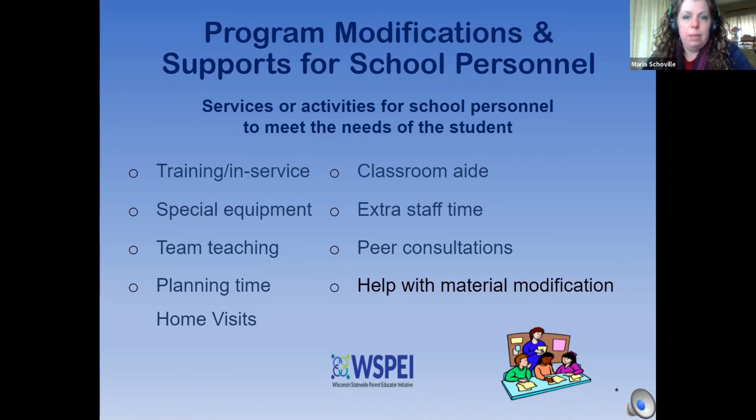Another example I've seen on many IEPs is the TVI might have an in-service with your teachers. So at the beginning of the year, your TVI might have a meeting with all of the new teachers for your student that year, just to tell them this is how the student's vision is working for them right now, and this is what they need to be successful in the classroom.